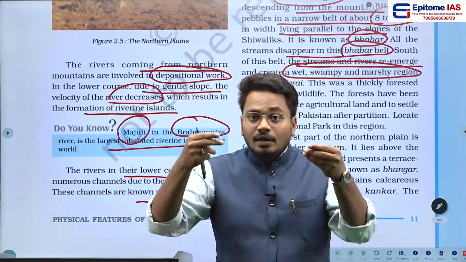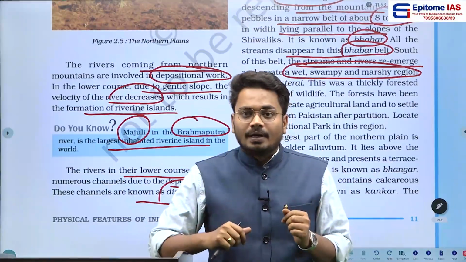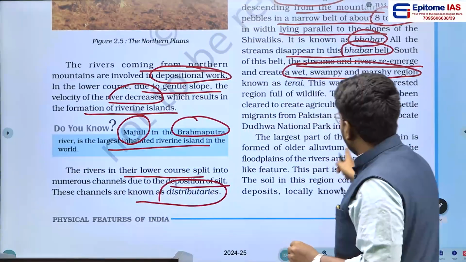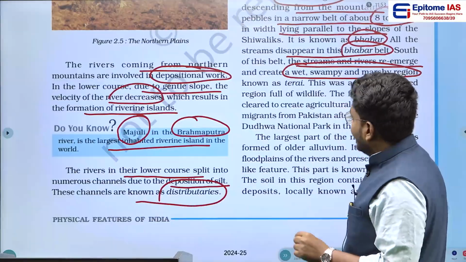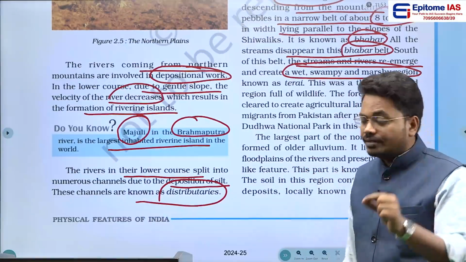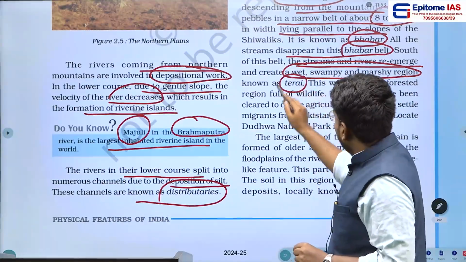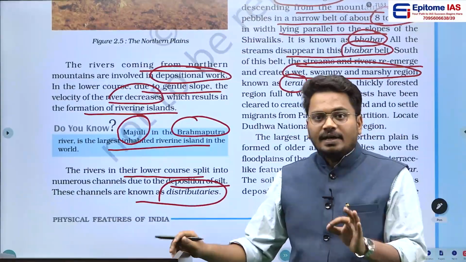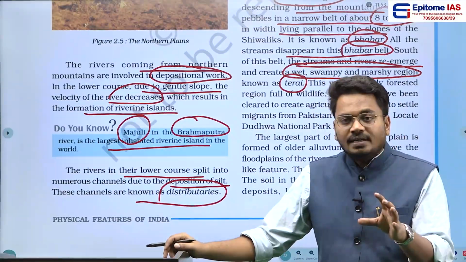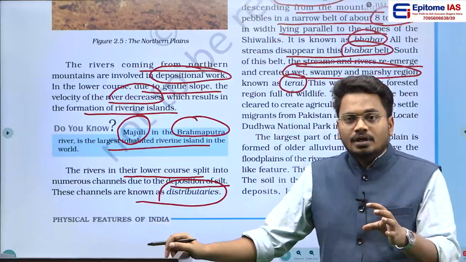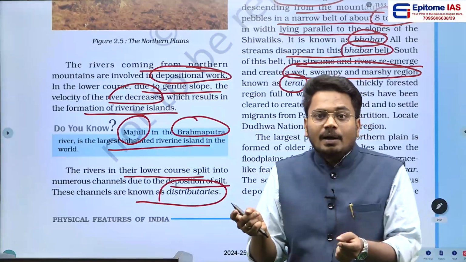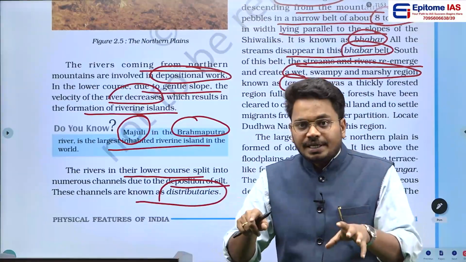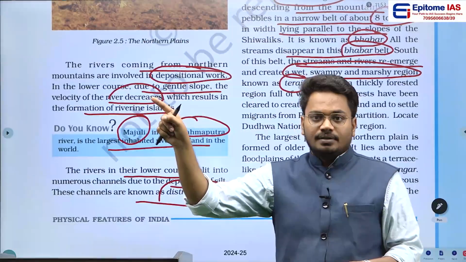Now the point here is, to the southern side of this Bhabar, you will have another feature called Terai. Now what is the characteristic of Terai? In this Terai zone, you will see the re-emergence of all those streams which disappeared in Bhabar.